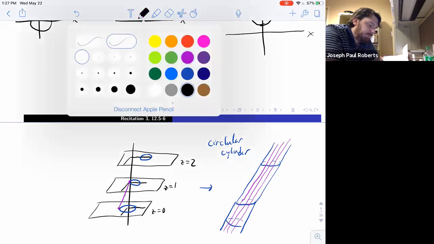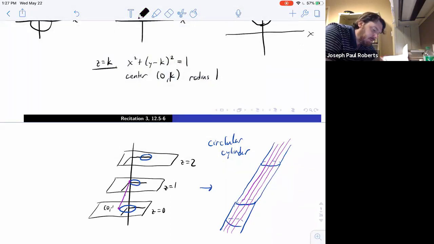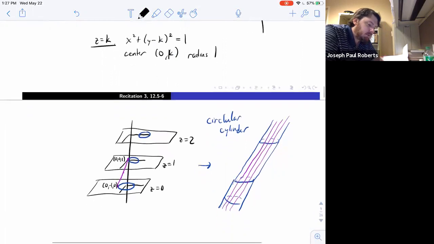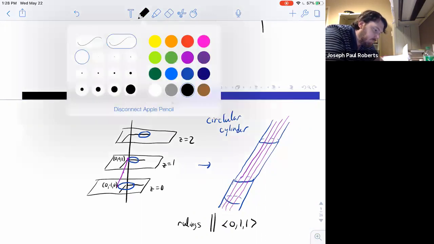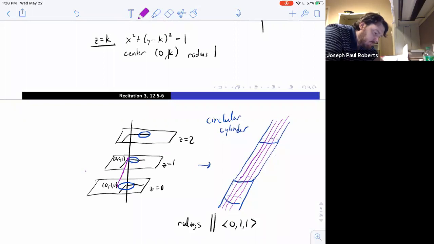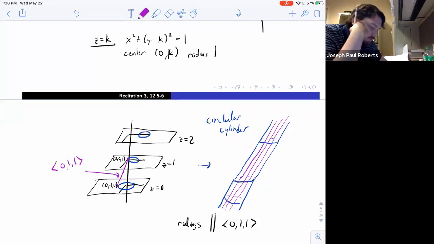For example, this point here is (0, minus 1, 0), and this is (0, 0, 1). So the rulings are parallel to the vector (0, 1, 1). That (0, 1, 1) is the displacement vector between those two points.